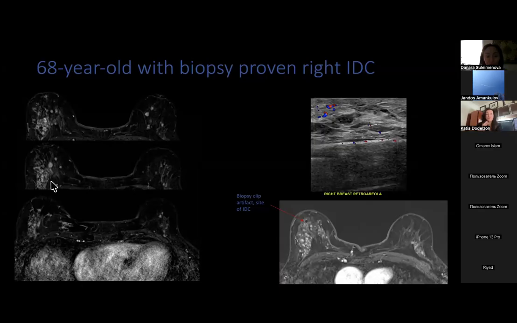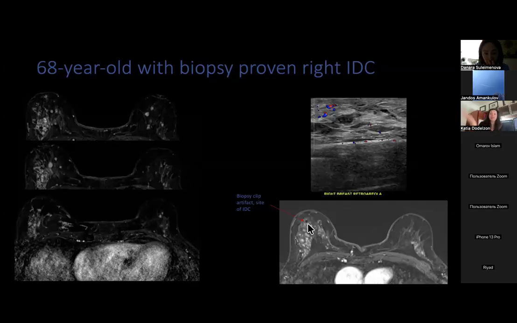Because you do appreciate the symmetry of it. You have multiple similar appearing masses in both breasts, and areas of focal non-mass enhancement symmetric in both breasts, so this is all benign. But you can see how this could really challenge, and you can question each one of these masses, is this suspicious? Also, where is her actual cancer? It's very challenging to appreciate. So again, we went back to the non-subtracted images.